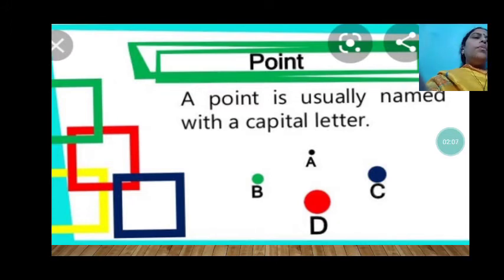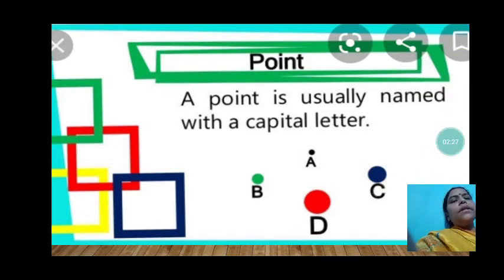So we name a point with a capital letter, as you can see: capital A, capital B, capital C, capital D. They represent point A, point B, point C, point D. They all represent a point and they are named with a capital letter.